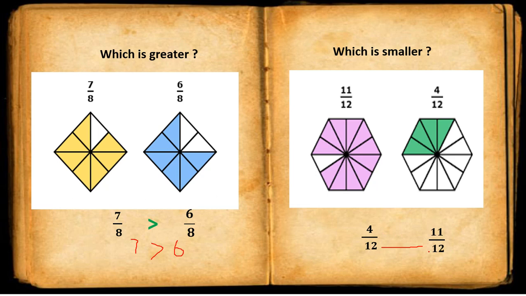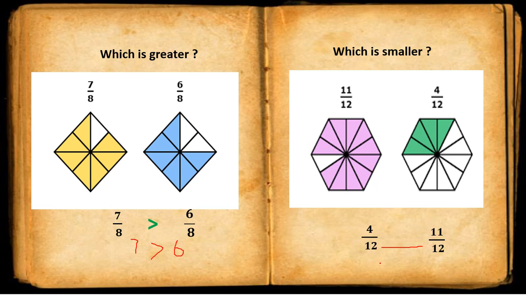That means when the denominators are the same, then only we can compare the two fractions. That means how many parts are there in the figures. This is important for the comparison of two fractions, as we get that the denominator is equal. That means both figures are divided into the same number of parts.